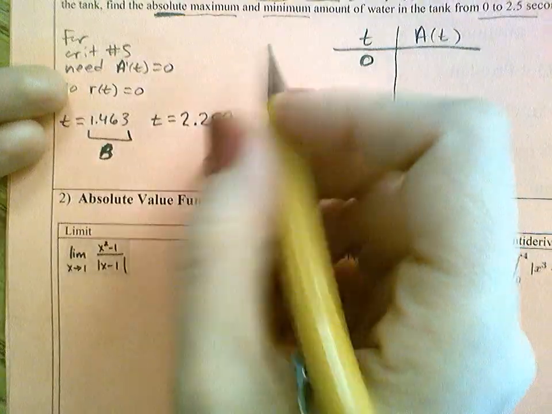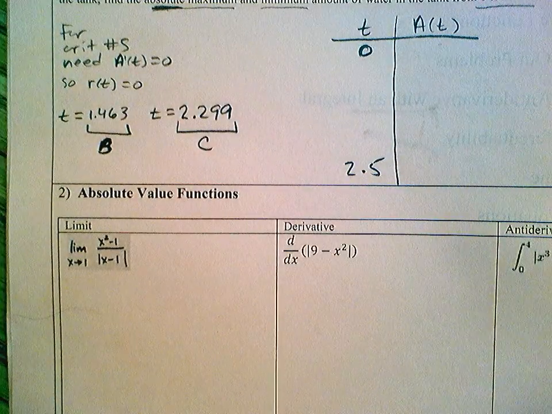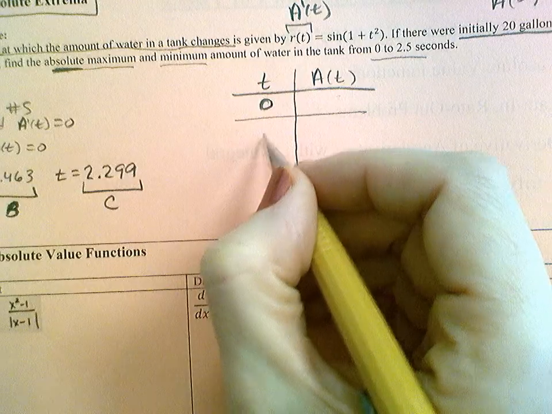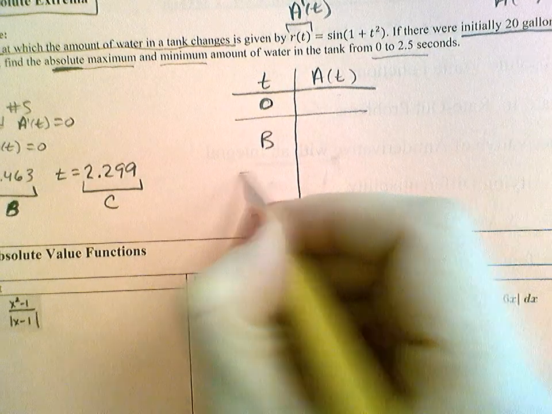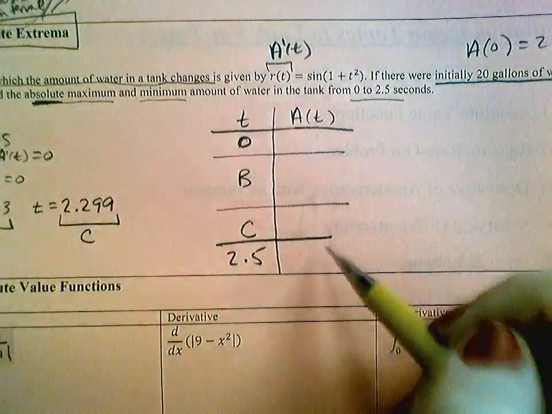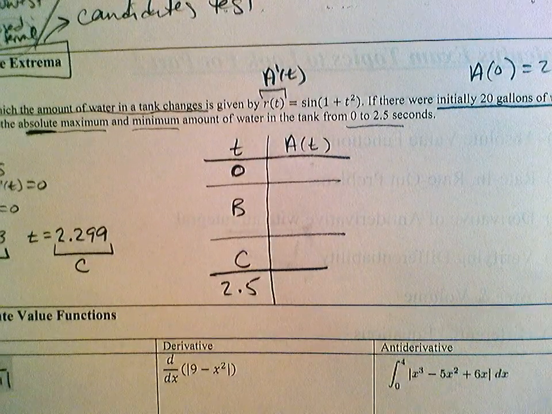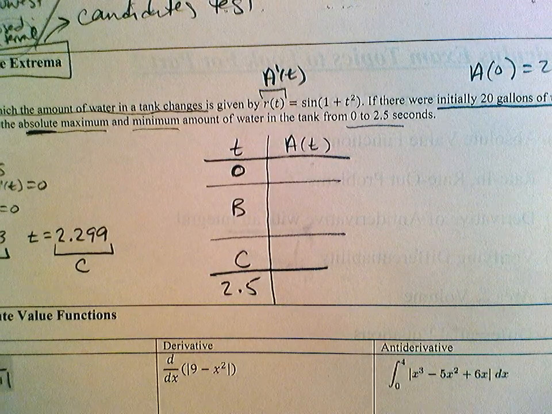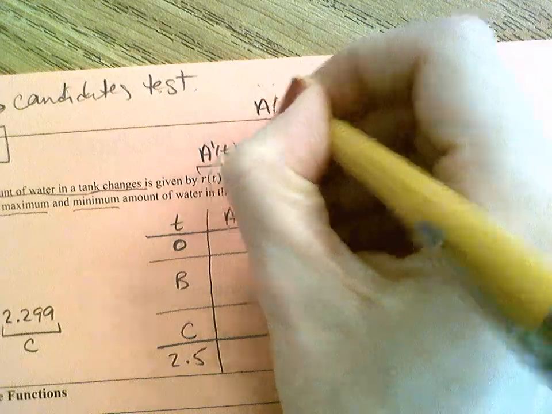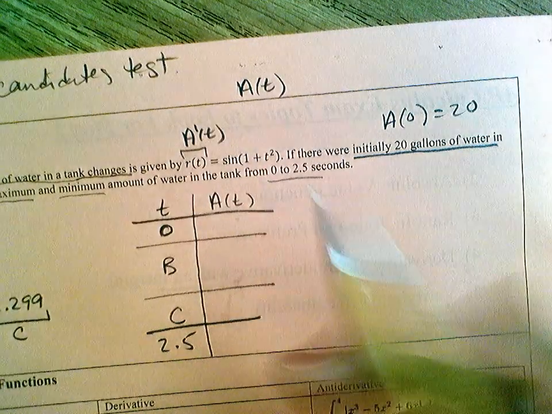Okay, so this one here is C. Alrighty, so those are the critical values, B and C. And now we've got to find A of T over here. And guys, the best way to do this is to use this formula, because we don't know the antiderivative of this.